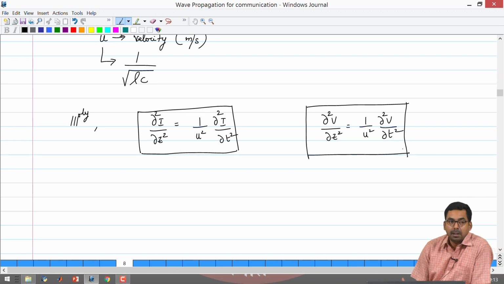Now, these two are second order partial differential equations, and one can start looking at general solutions to these partial differential equations and start building analytical solutions to these equations and trying to derive meaning from it.